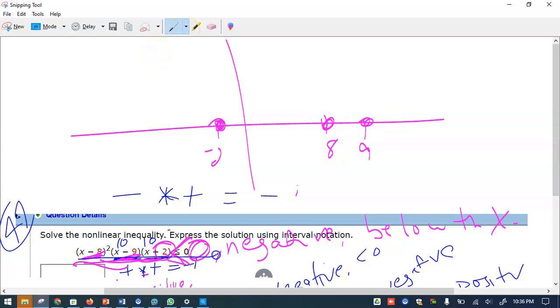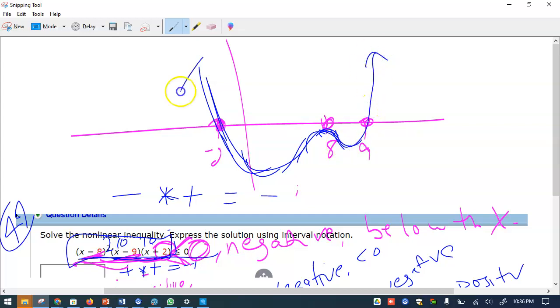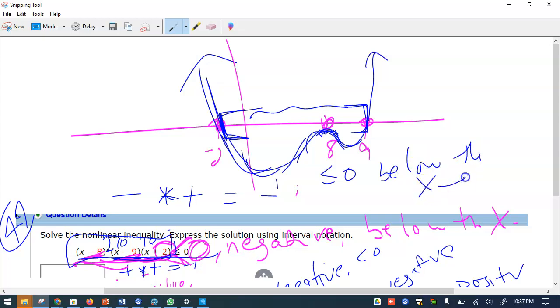Because it is degree 4, the graph goes something like this, but at 8 it takes a turn because of multiplicity 2, and then goes like this. That's how it is. And you can see from minus 2 all the way to 9, it's below the x-axis.